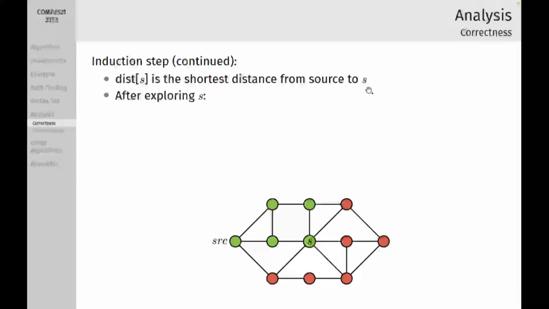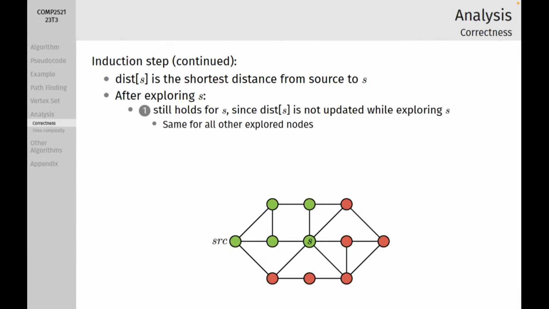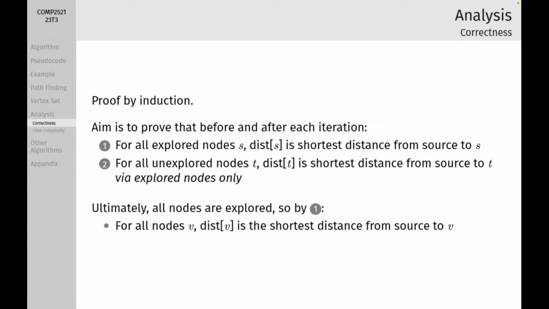All right, so what happens after we explore S? After we explore S, we know that this first property still holds for S. Let's remind ourselves what the first property is: for all explored nodes, the distance array contains the shortest distance to that vertex.